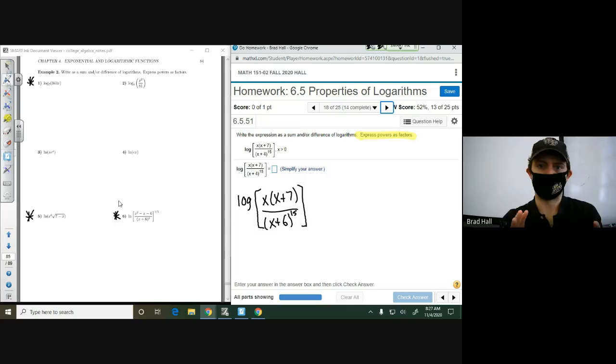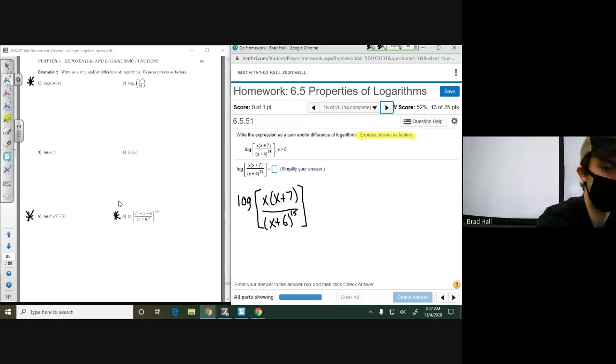Are we evaluating a product first? Is that whole expression just a giant product of two things? Or is it a quotient, or an exponent? The answer is, it's a quotient, because the numerator within the quotient has a product, and the denominator within the quotient has an exponent.